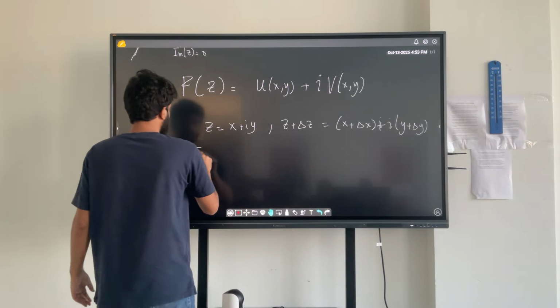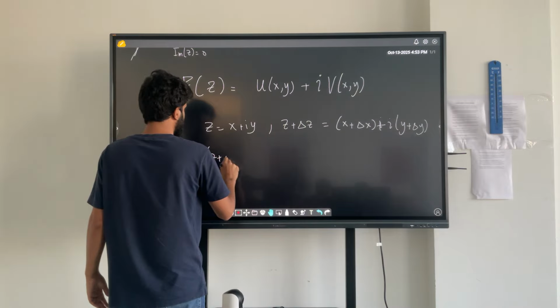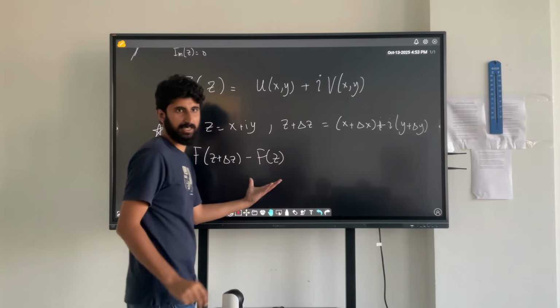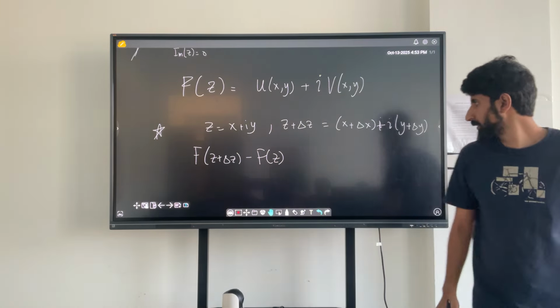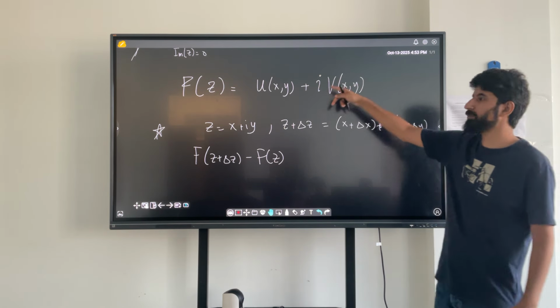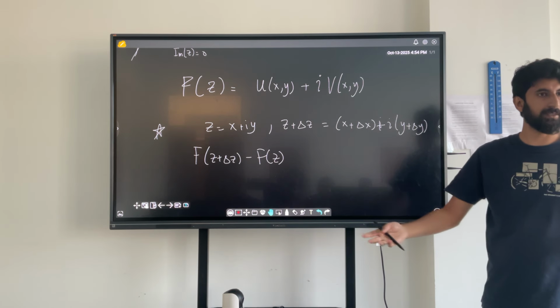So how much will the function change? It will be f of z plus delta z minus f of z. This is just simply the change. But this might be difficult to handle, so I'll go back to what I know, real scalar fields.